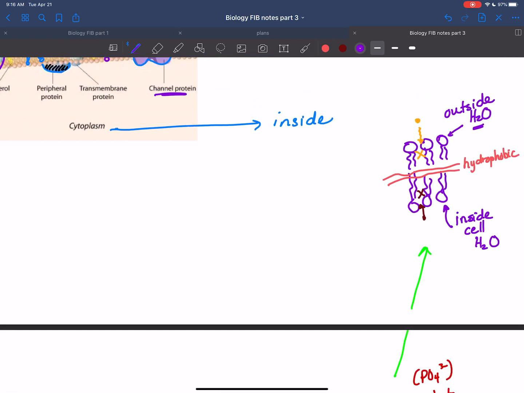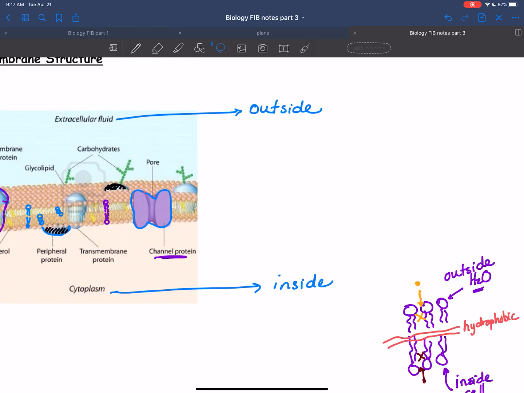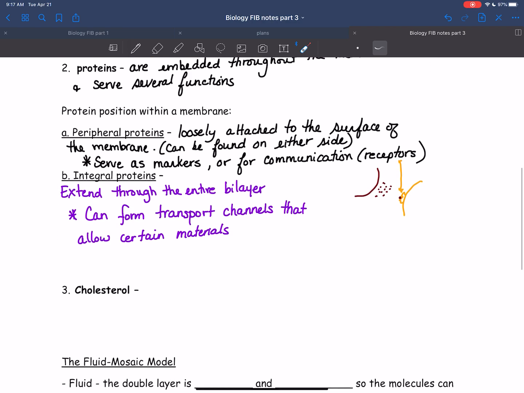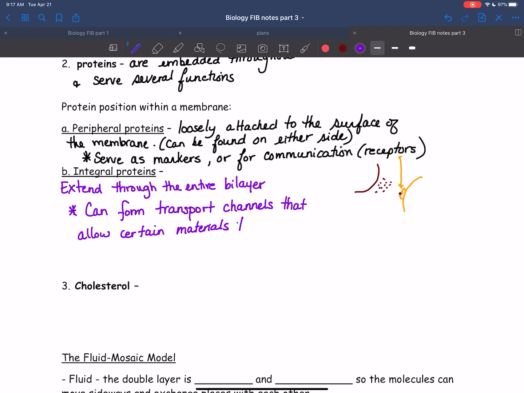So if I have a molecule that can't make it through the fat right here, then what I can do is I can put a channel in it, like I have here, where a molecule can go in. Okay, so if it can't make it through the phospholipid bilayer, we have the transport, okay? So they allow those chemicals to come in, substances to cross the membrane.